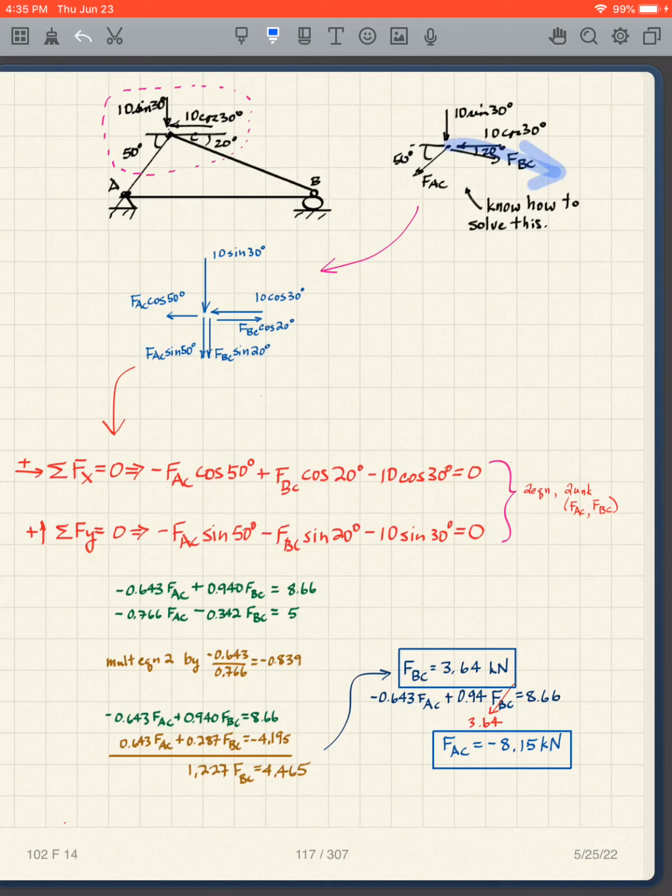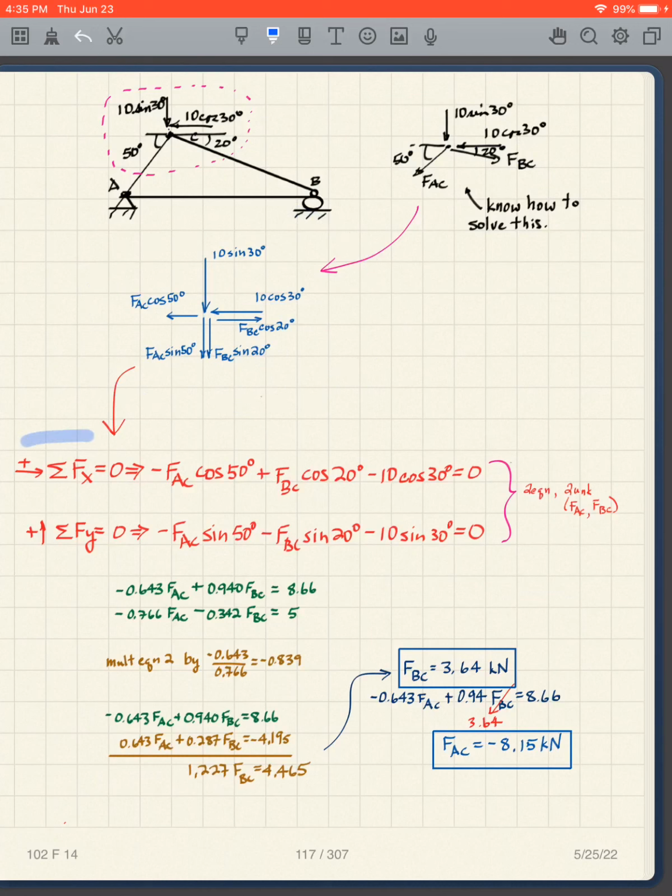This one is downward to the right, so I have downward to the right. It's going to be FBC cosine 20 for the x, FBC sine 20 for the y. I look at this diagram, so everything's x and y, so it's easy to do.